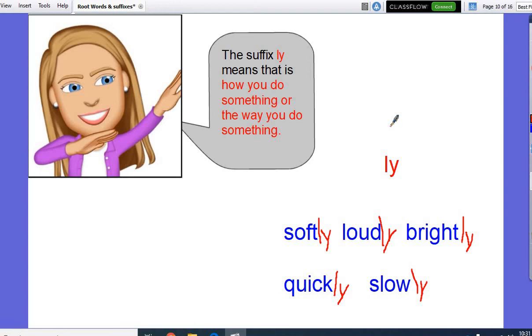That's what those suffixes mean. So far we've done y and ful and ly. Those are the only three that we're going to look at today. We're going to look at some more suffixes tomorrow, but these will be the three that we are going to work with today. So just to go over real quick, remember ly, when you put ly on a word, it means that that's the way you're doing it or how you're going to do it.